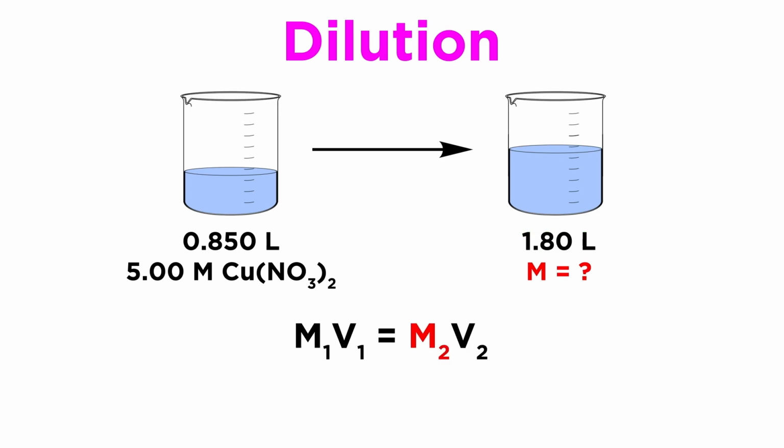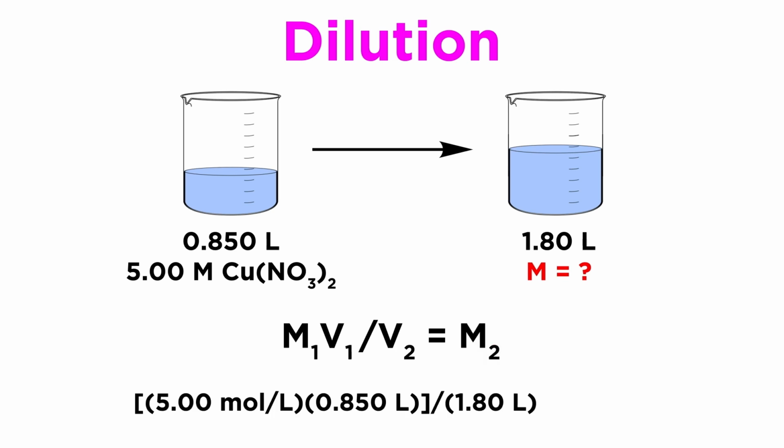That means we want to solve for M2. Dividing both sides by V2, we get M1V1 over V2 equals M2. Now we can plug in all of our values, do the arithmetic, and we get 2.36 molar as the final concentration of the copper nitrate solution.